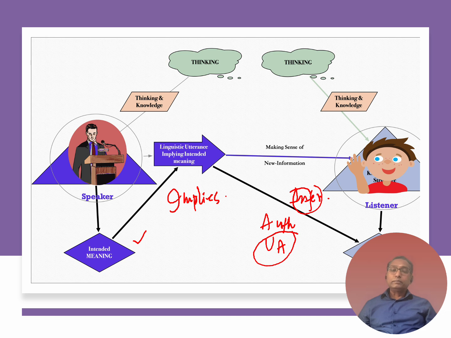If you make a wrong inference about what the speaker might be implying, then you're making an unauthorized inference. So a good communication happens when there is a situation where the speaker's implications are accurately inferred by the listener. And for that, both the speaker and the listener need to follow some rules of communication. And we'll talk about these rules of communication in the upcoming slides.